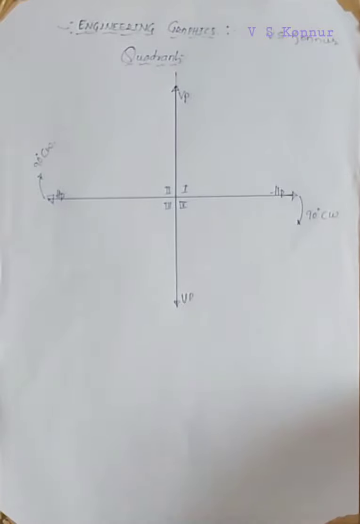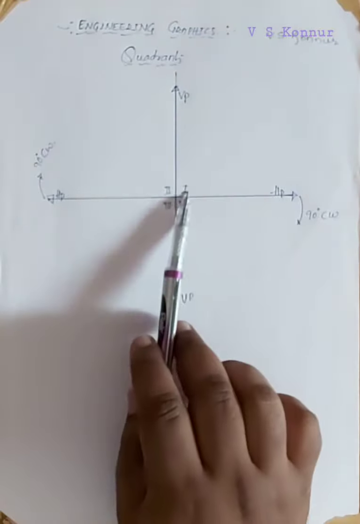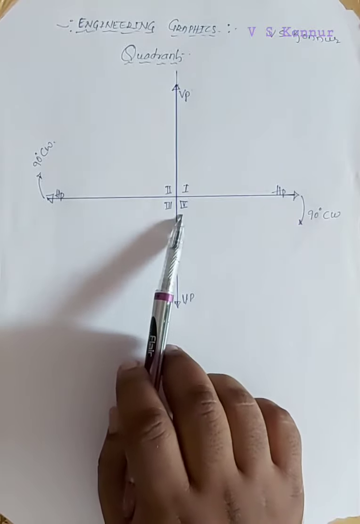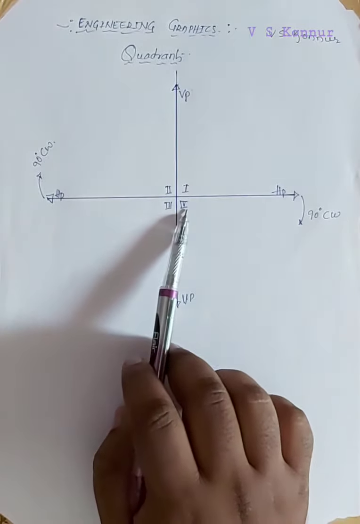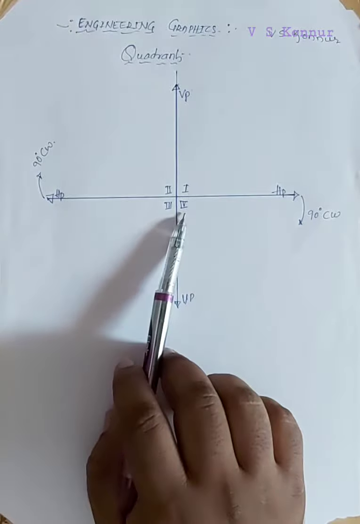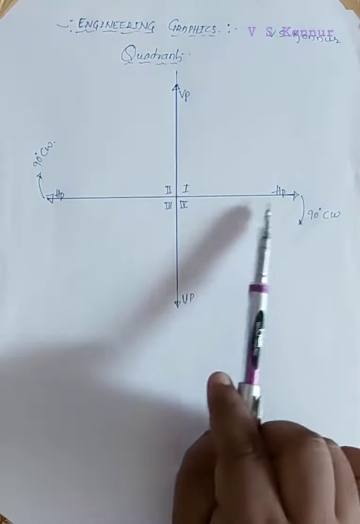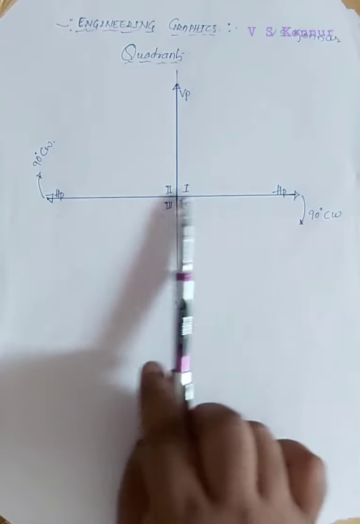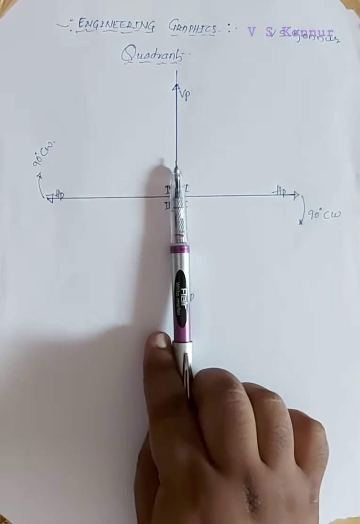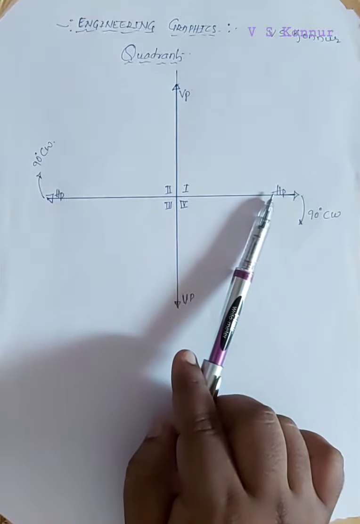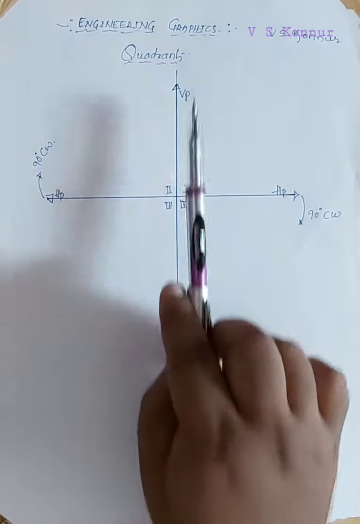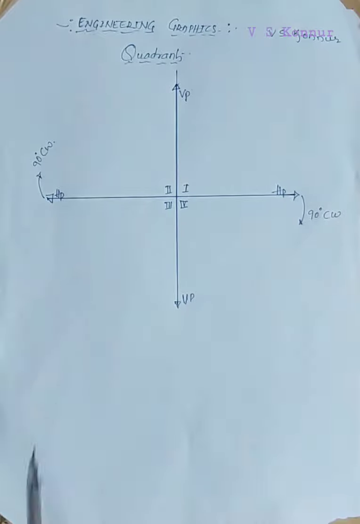Now in this quadrant, this is the first quadrant, this is second quadrant, third quadrant, fourth quadrant. There are 4 quadrants, but for engineering graphics we are considering this is horizontal plane. So this is horizontal plane, completely it is a horizontal plane, and this is vertical plane. VP, HP I have written. HP is called horizontal plane, and VP on the either side is called vertical plane.